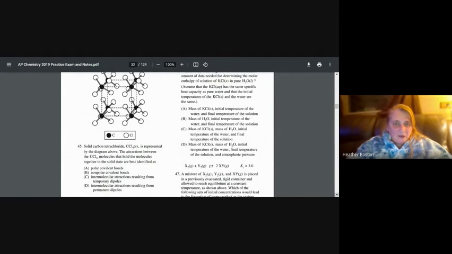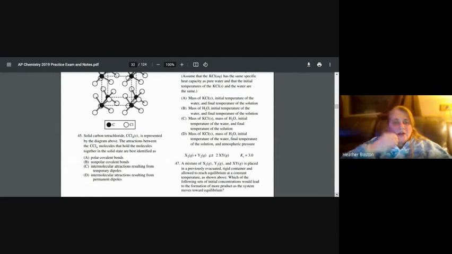Okay, we've got pictures of carbon tetrachloride. Okay, remember this is the one where this is tetrahedral, and if you have a tetrahedral compound that has all 4 atoms on all sides the same, it is symmetrical. So this is a nonpolar molecule. So we're looking for London dispersion forces, which another word for London dispersion forces are temporary dipoles.